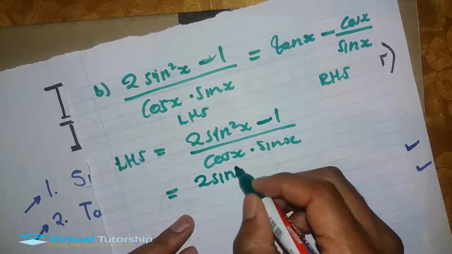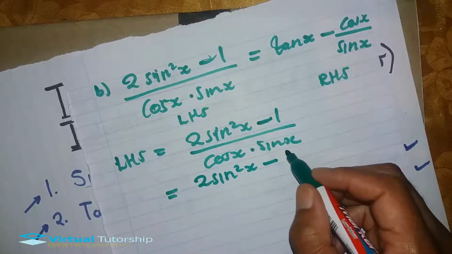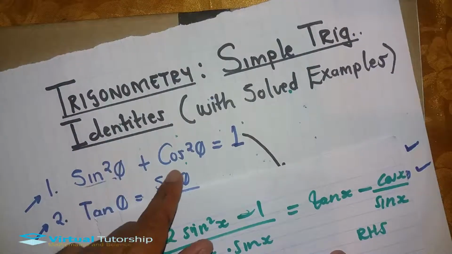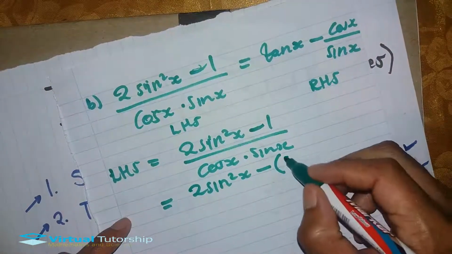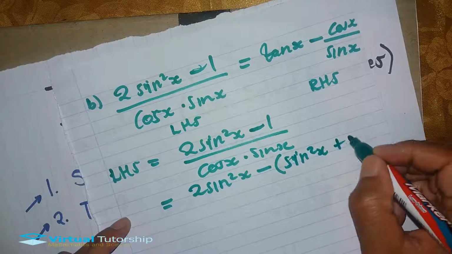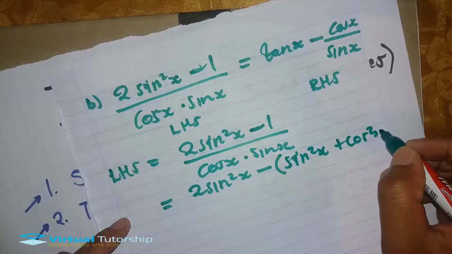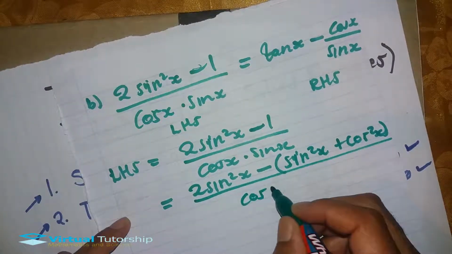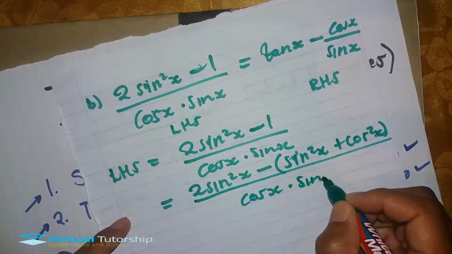We can write 1 as sine squared x plus cos squared x, so it becomes 2 sine squared x minus open bracket sine squared x plus cos squared x close bracket over cos x sine x.